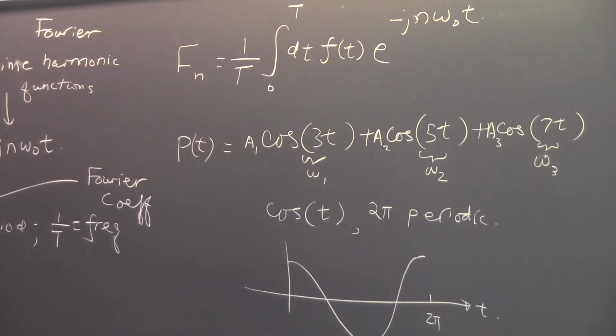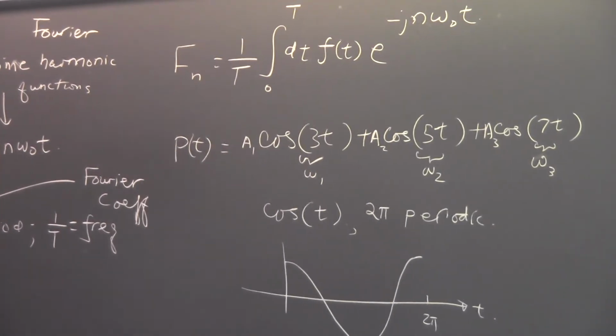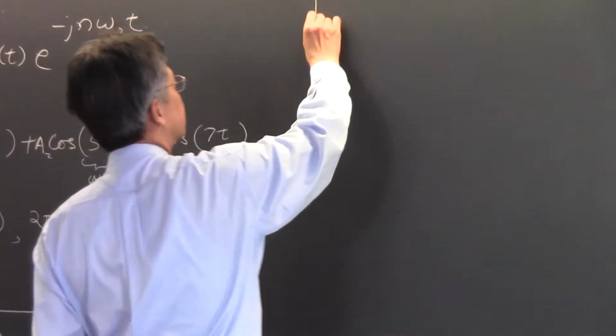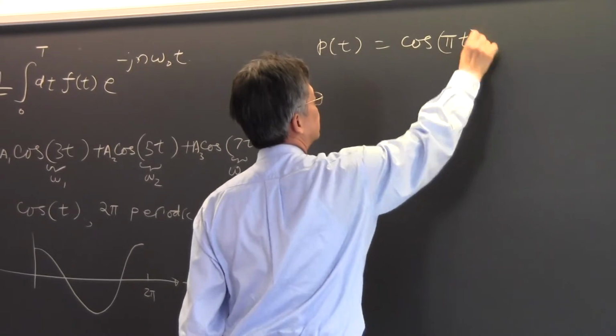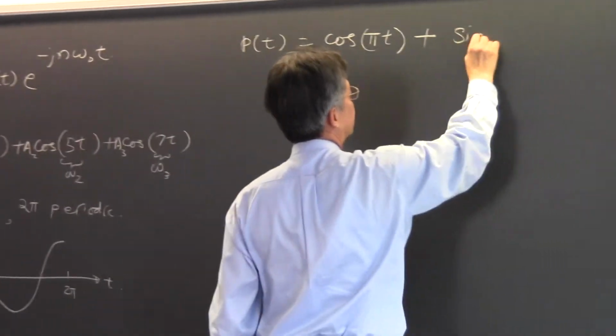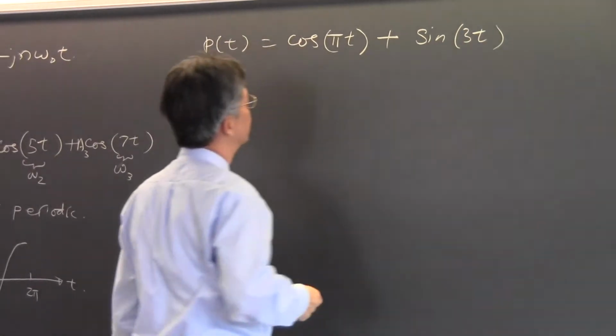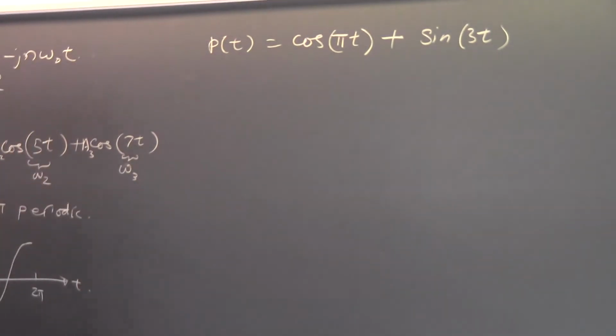Okay, for instance, if I give you a function p of t, which is cosine of pi t plus sine of 3t, there's no lowest common divisor between those 2 frequencies that is an integer.